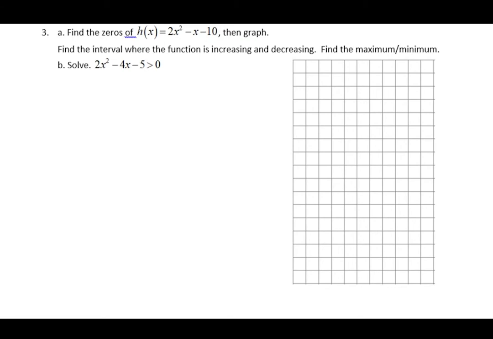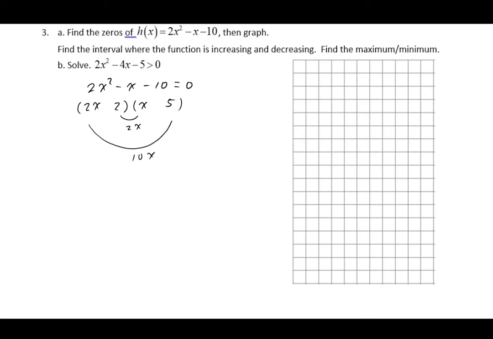Okay, let's just review the factoring of this thing first. So we have 2x squared minus x minus 10 is equal to 0. To find the zeros, now this 2 is throwing you off a little bit in case you are a little shaky with factoring, but let's say that has to be 2x and an x. Now what other combination can I put in here in order to have a difference of negative 1? For example, if I put 2 and 5 here, then this term will give you 2x and this term will give you 10x.